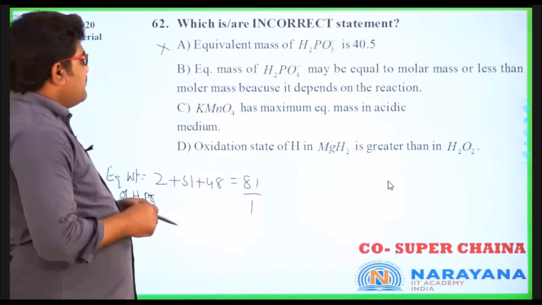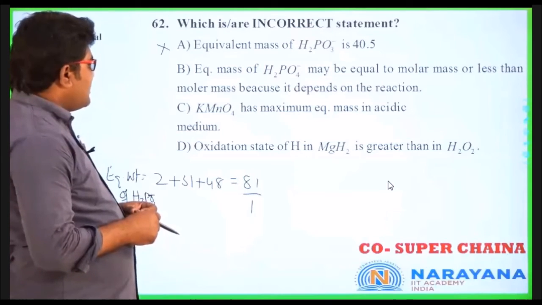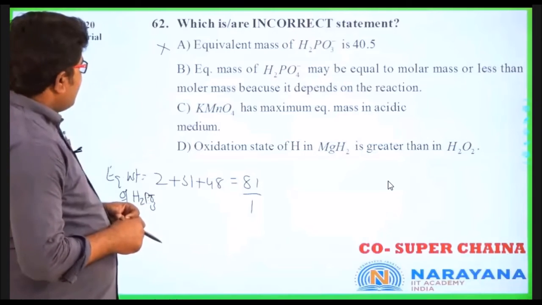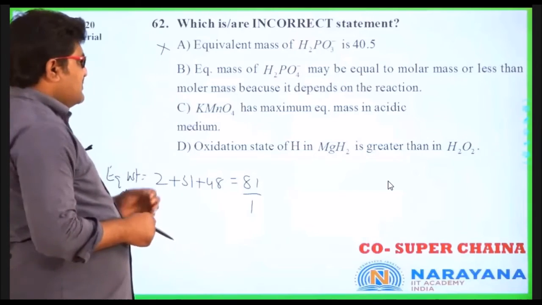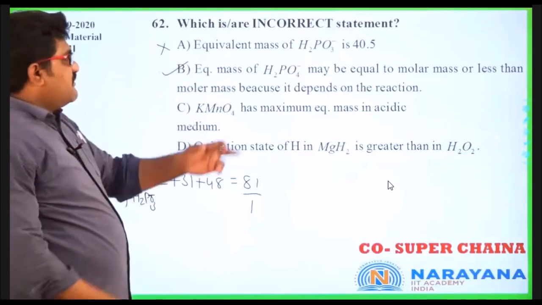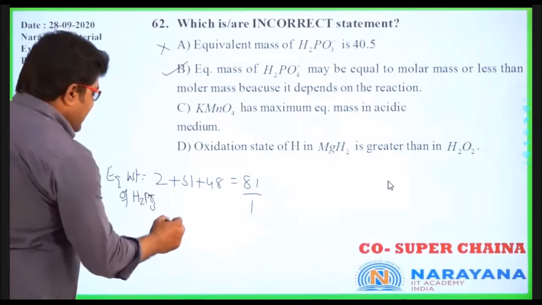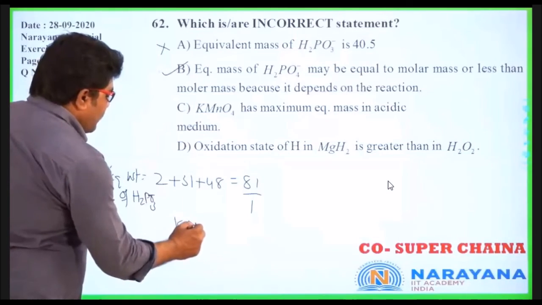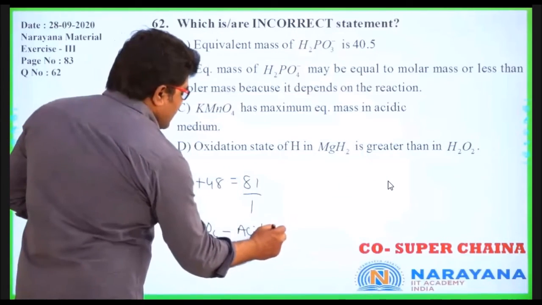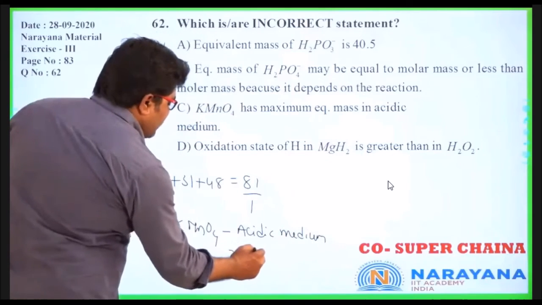Equivalent mass of H2PO4 minus may be equal to molar mass or less than molar mass because it depends on the reaction. Okay. So that depends upon the reaction. How many H plus ions can be replaceable? So it is a right one. KMnO4 has maximum equivalent mass in acidic medium. But KMnO4 in acidic medium, n factor is equal to 5.